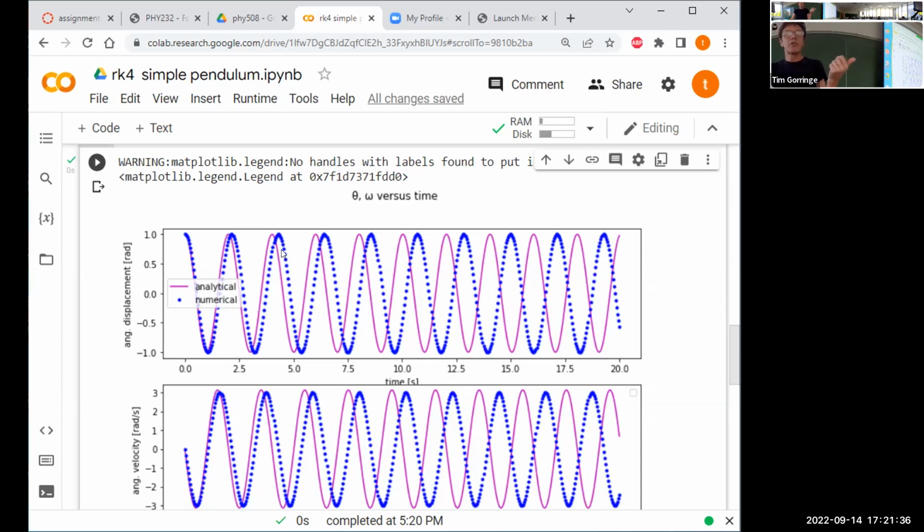So the blue points are the numerical solution, the magenta is the reference, and now I've got a larger angular frequency, which is a shorter period. And you can see it in angular position versus time, also angular velocity versus time.